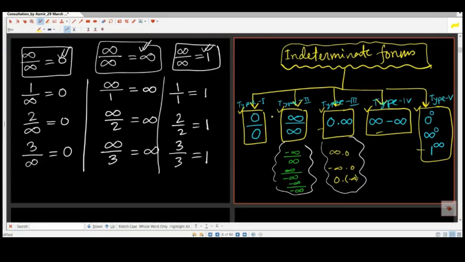For simplicity, we have mentioned that 0 over 0 is of type 1, infinity over infinity is of type 2, 0 times infinity is of type 3, infinity minus infinity is of type 4, and 0 to the 0, infinity to the 0, 1 to the infinity are of type 5.